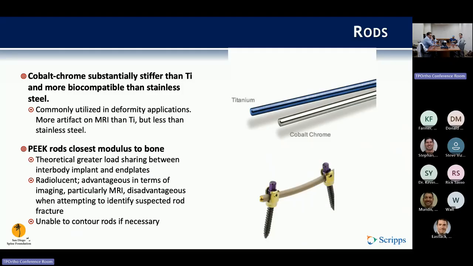Cobalt chrome is also great for maintaining alignment in deformity cases, but it can be more challenging to work with. We've all been in cases where getting a cobalt chrome rod seated on two screws is a little bit difficult if it's not perfectly bent, which is what surgeon-specific rods can help with. And PEEK has the most bone-like modulus, but is relatively inflexible and doesn't perform well with bending moments, which is why we don't really use PEEK rods.